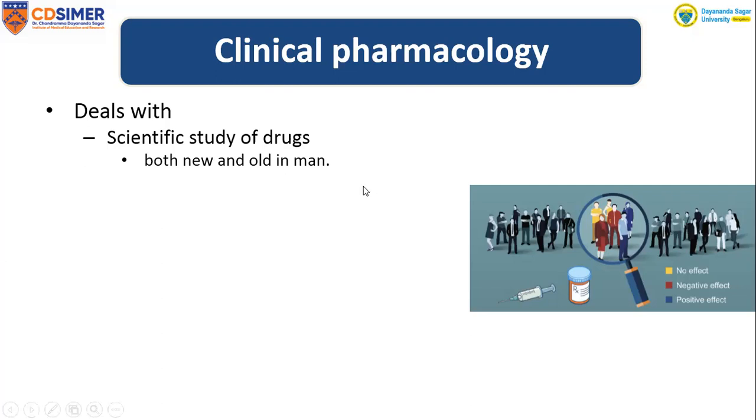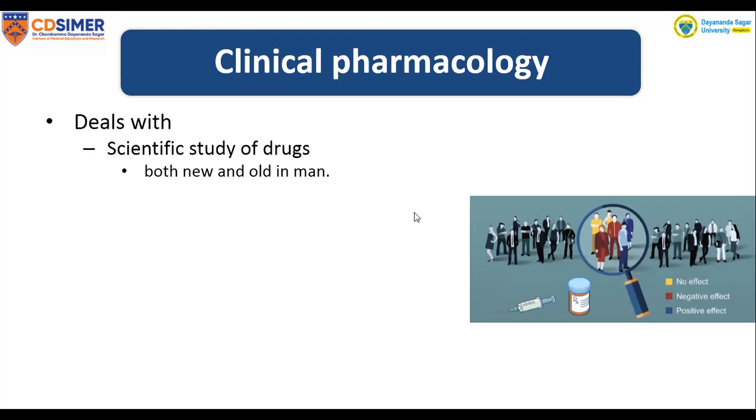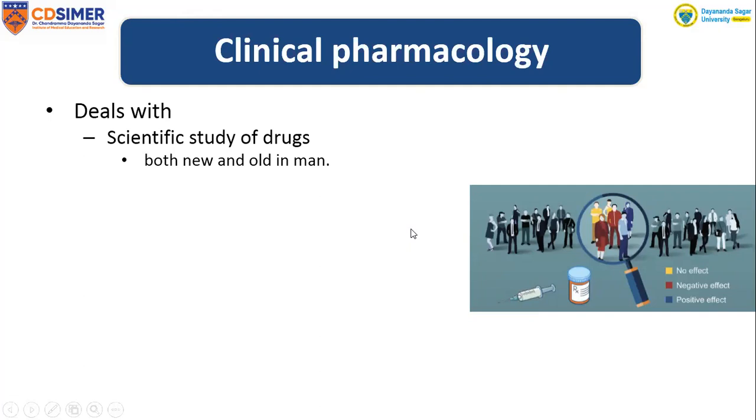What I was saying is that you have already done one model on drug development. In that you have mentioned phase 0 of the clinical trial, phase 1, phase 2, phase 3, and also phase 4 clinical trials, or post marketing trials.